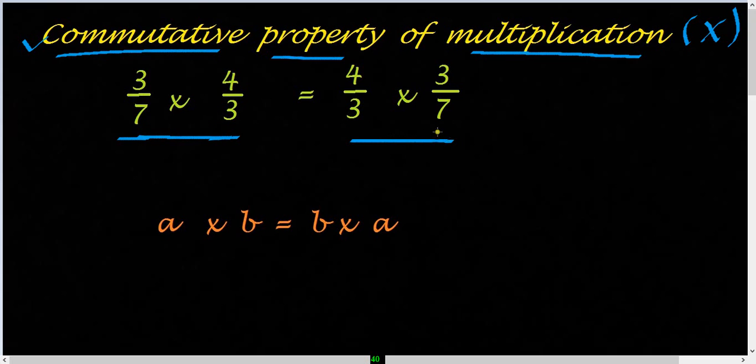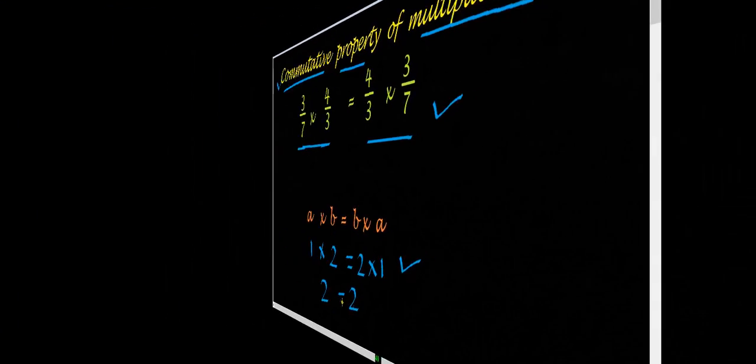If the position of the rational numbers is changed, first writing 4 upon 3 and then 3 upon 7, your answer will be the same. A simple example: 1 into 2 is 2. If you write 2 into 1, it is also 2. So in the commutative property of multiplication, you multiply in any way, and the answer will be the same.